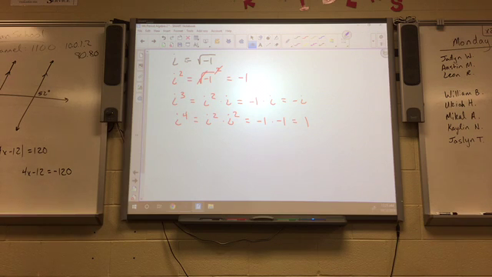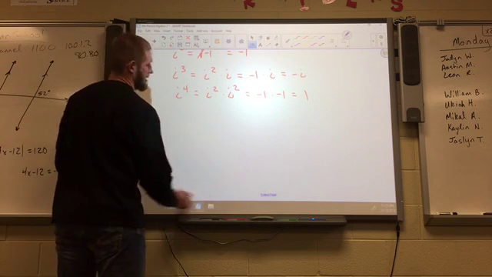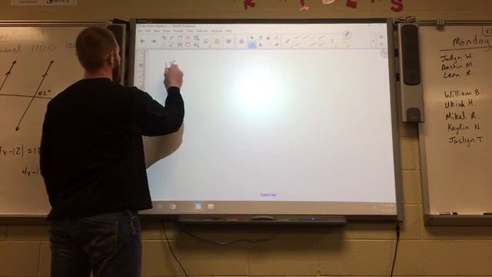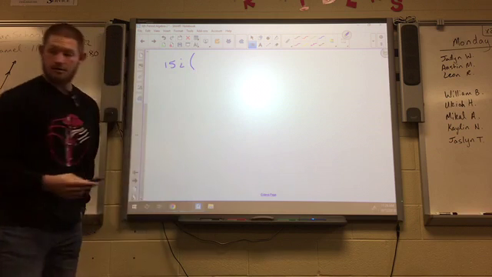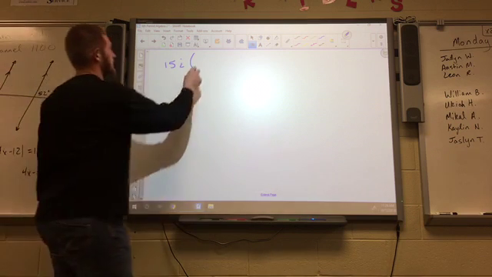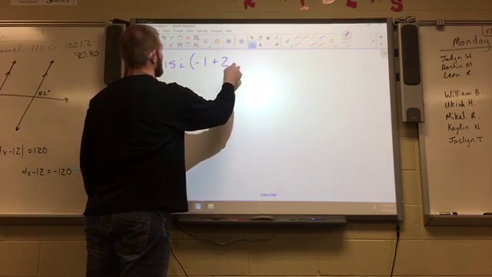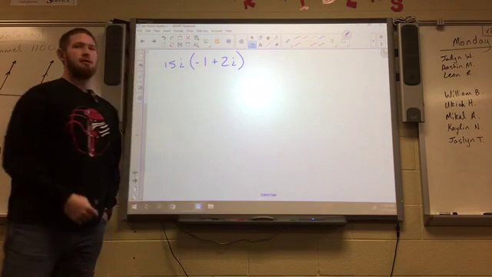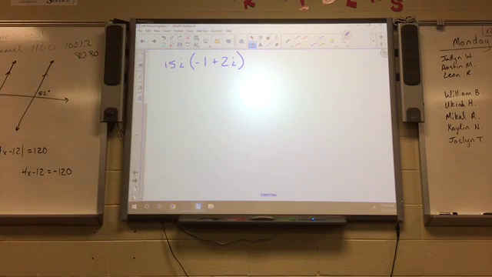So, with that, we can start looking at multiplying and solving equations with i's. If I have this problem, 15i times -1 plus 2i, don't treat this any differently than if those i's were x's.